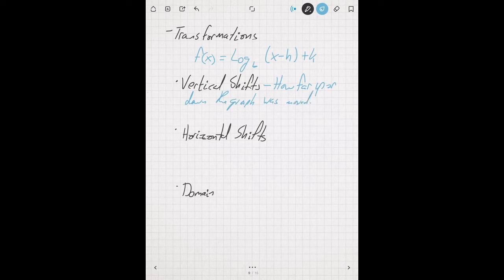And we can say here what controlled the vertical shift was the k. So we can say we shifted up k units, or down negative k units.